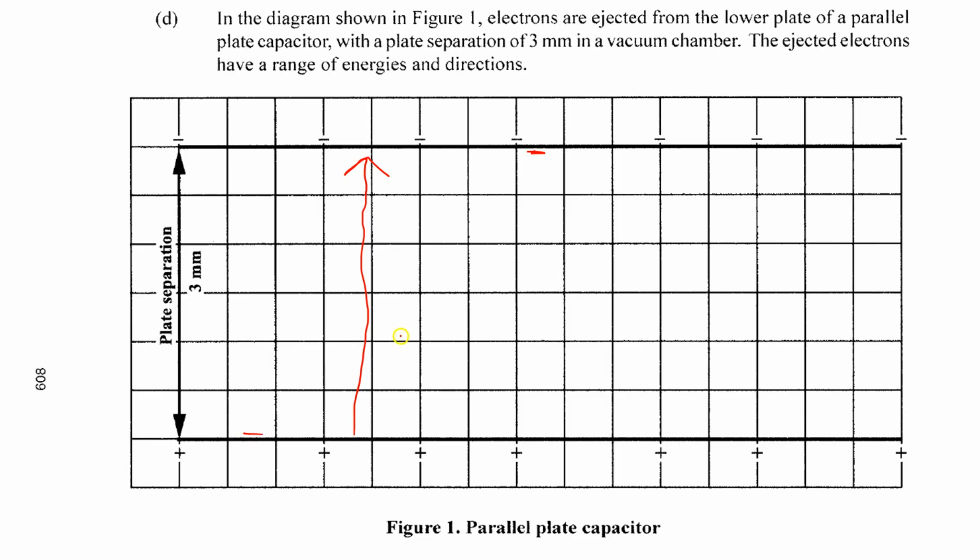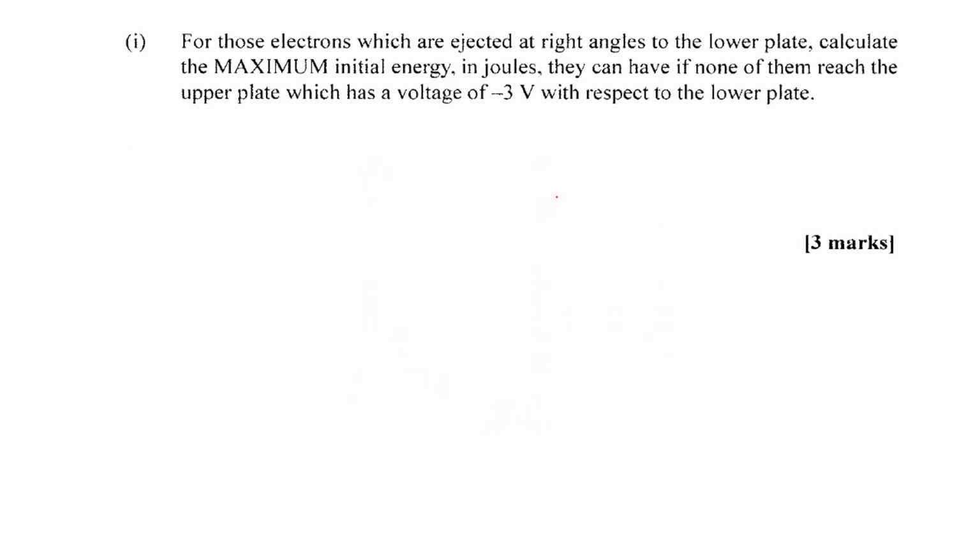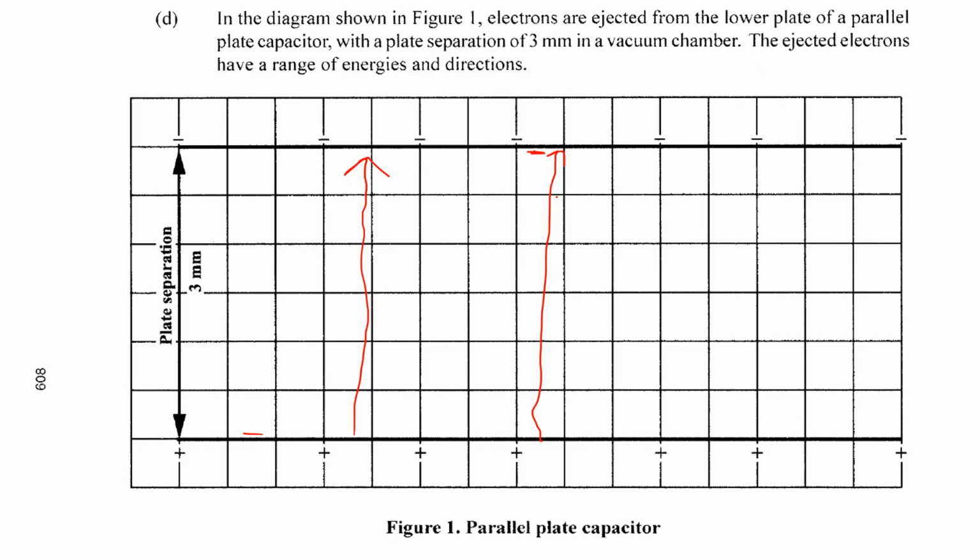So what they want is for us to find that maximum energy that will prevent the electrons from reaching the upper plate. In essence, they will reach close to the upper plate, but not technically at it. A very tricky scenario, right? So it's just before you reach that.